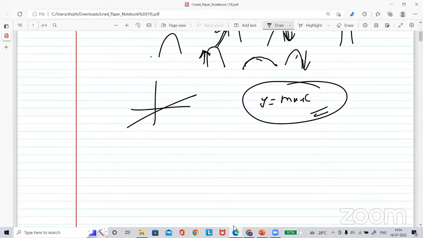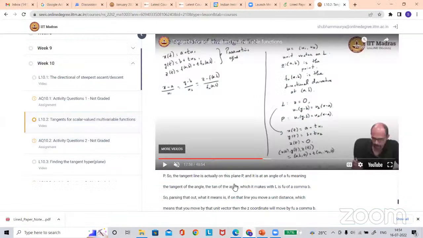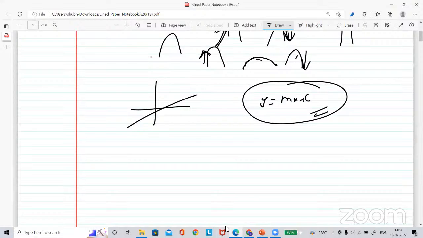But why do we need this kind of form, which also represents a line? Whenever you are in 3D, how will you relate this line? It will contain three variables x, y, z, sorry, two variables and the rest will depend on them through a relation.